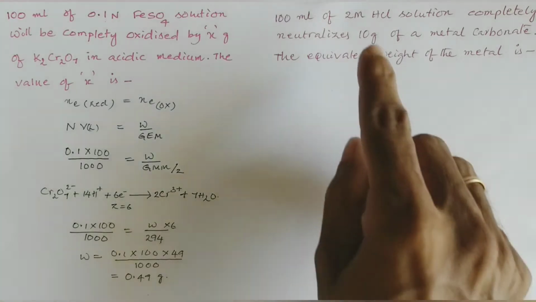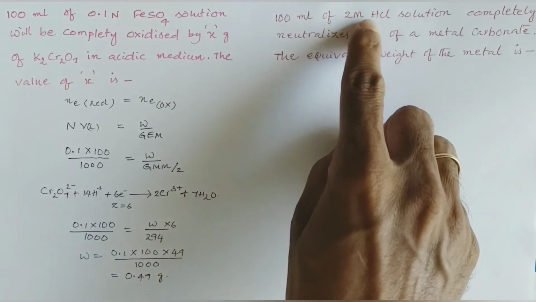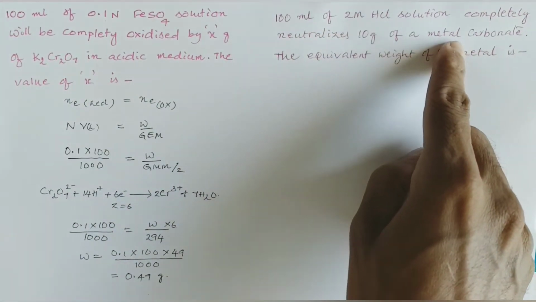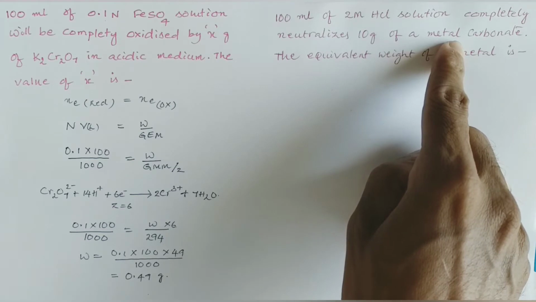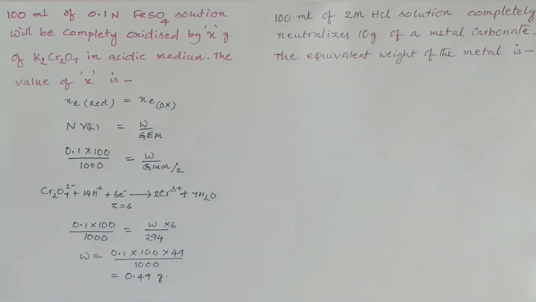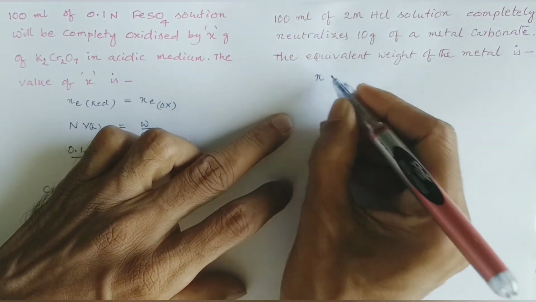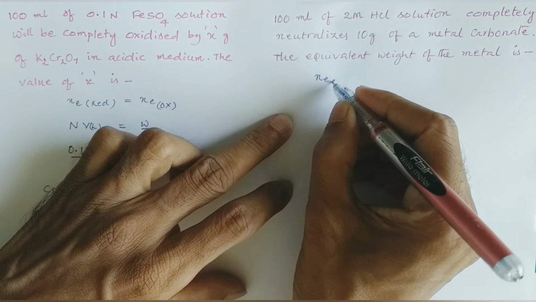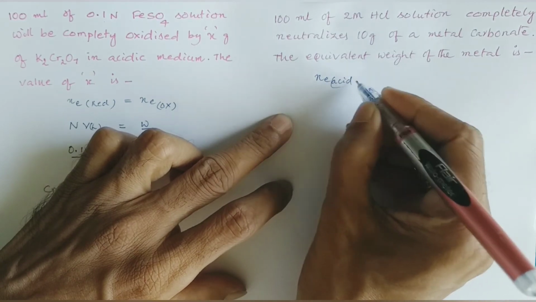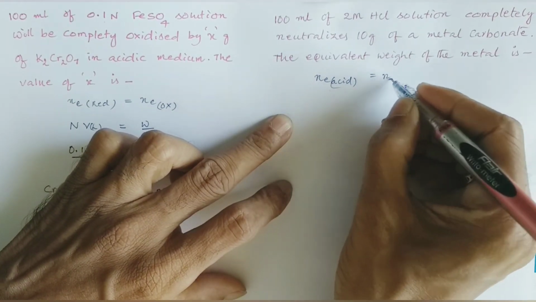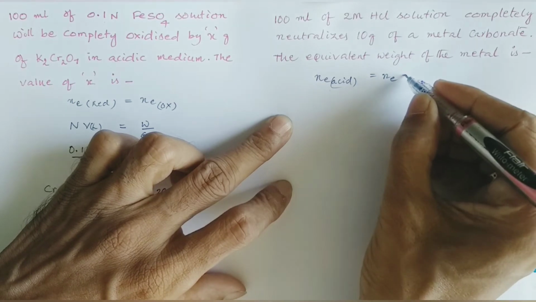Or in this case, the number of equivalents of acid is equal to the number of equivalents of metal carbonate.